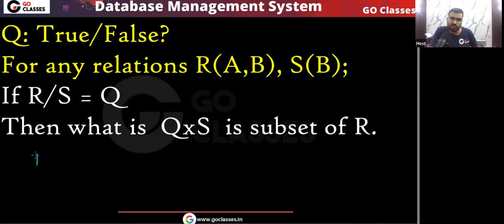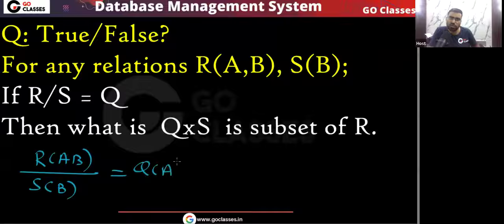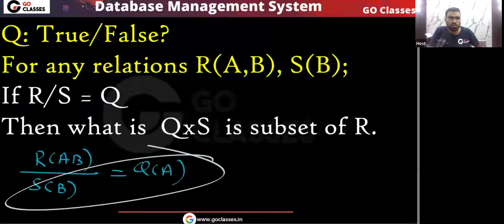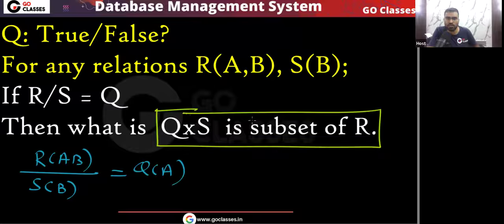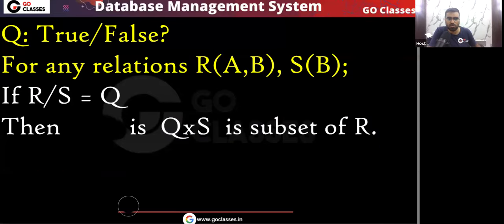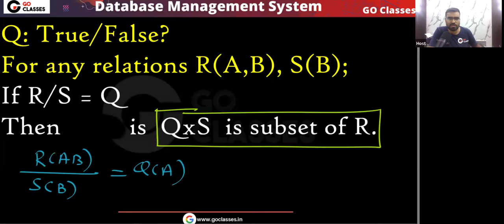R is AB divided by S is B, the result is Q. Can I say that Q cross S is a subset of R? The answer is yes.